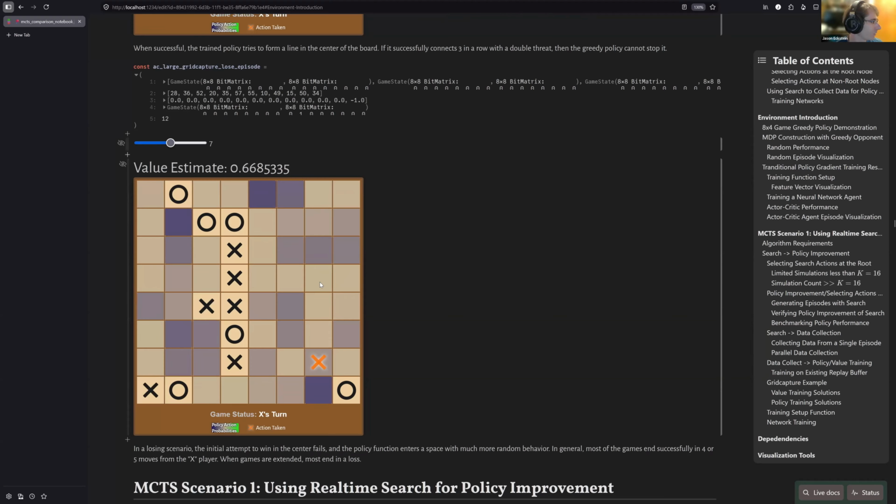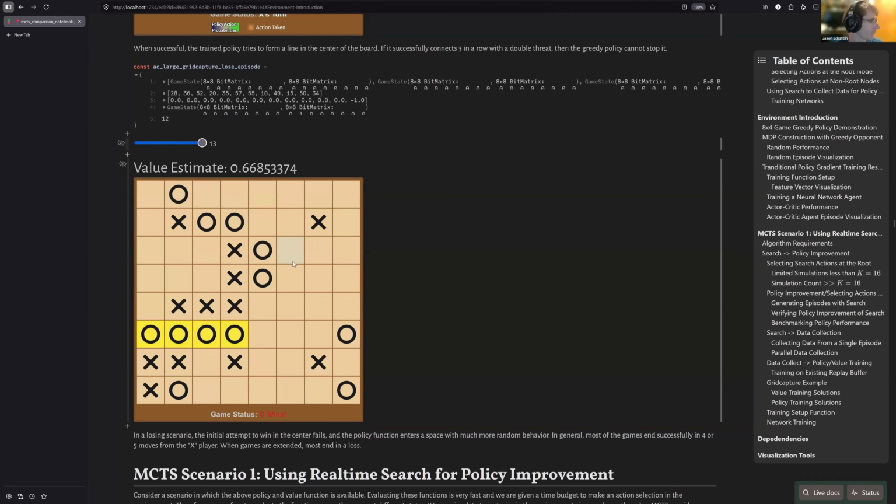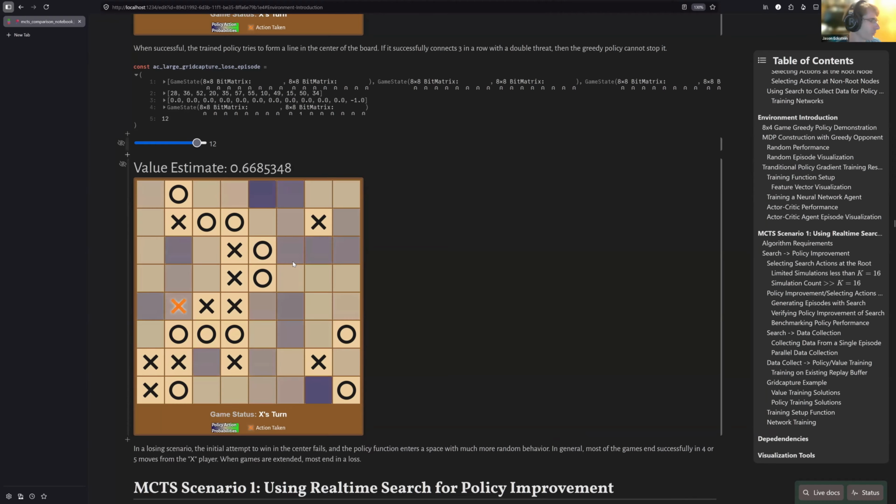We can see that for the remainder of this episode, the policy function really has very little idea of what to do. It never actually gets updated to a state where it has a clear distribution that favors one state over another.